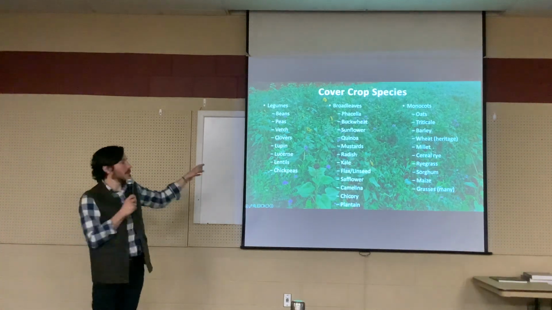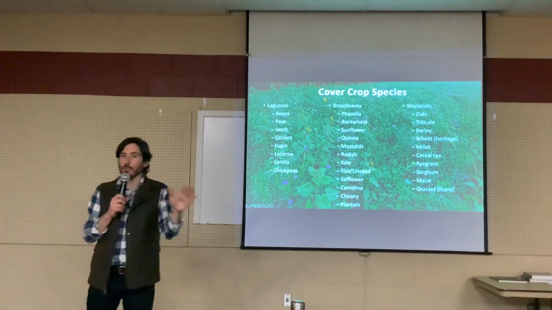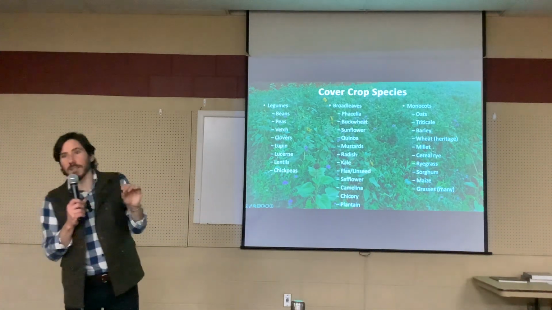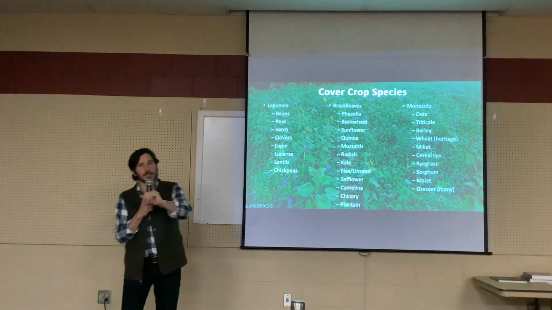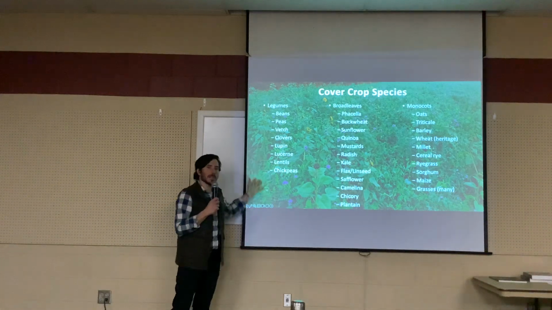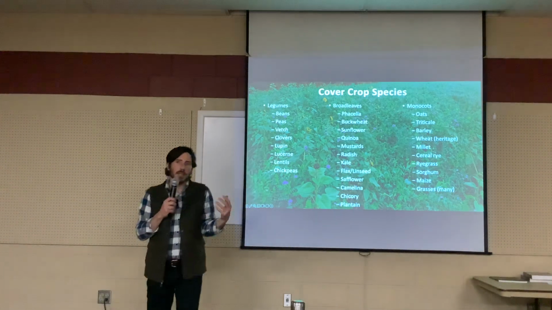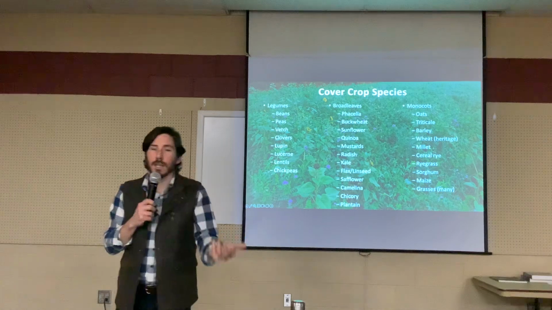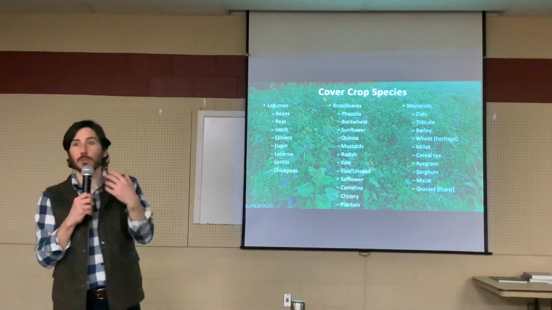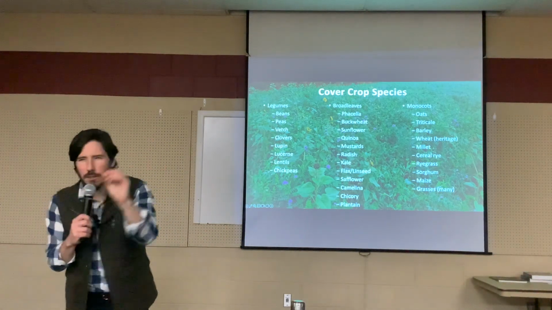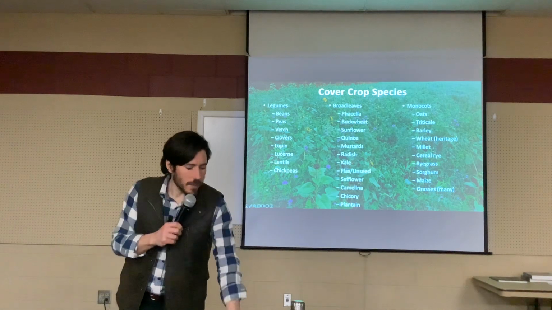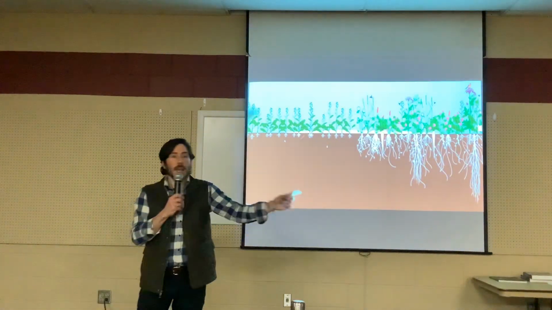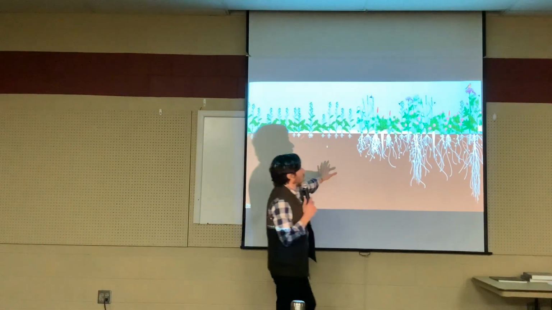Someone else can tell you maybe a good mix of those and which ones and what rates and that kind of thing. That's not my department. That's you guys in your local context. But the point is they all do slightly different things. It's that diversity, different specialities, different rooting depths, different root exudates. Each one of these different plant species will produce different root exudates, stimulating different parts of that soil microbiome. And that's what we're trying to encourage, ultimately.